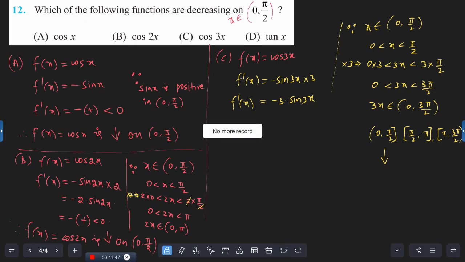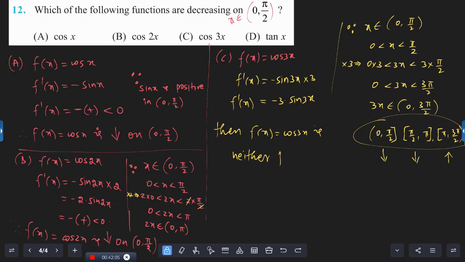Have you understood what I am speaking? Very good. So here decreasing, here increasing. Then f of x is equal to cos 3x is neither increasing nor decreasing on 0 comma pi by 2.